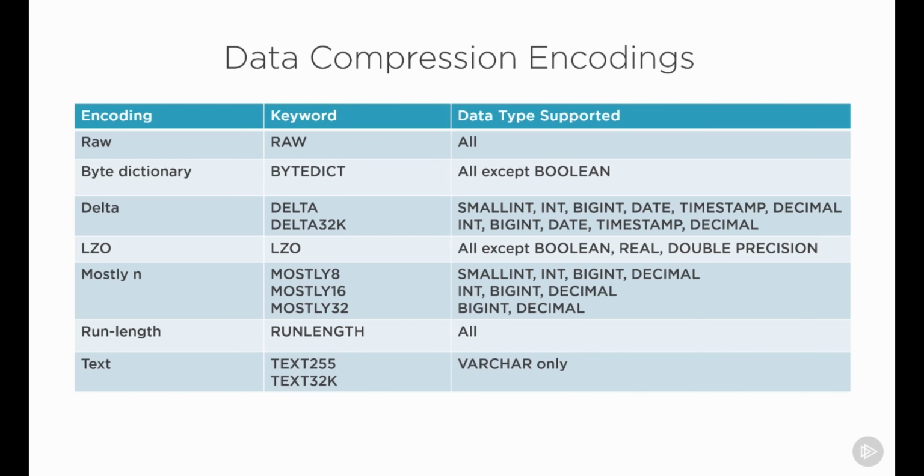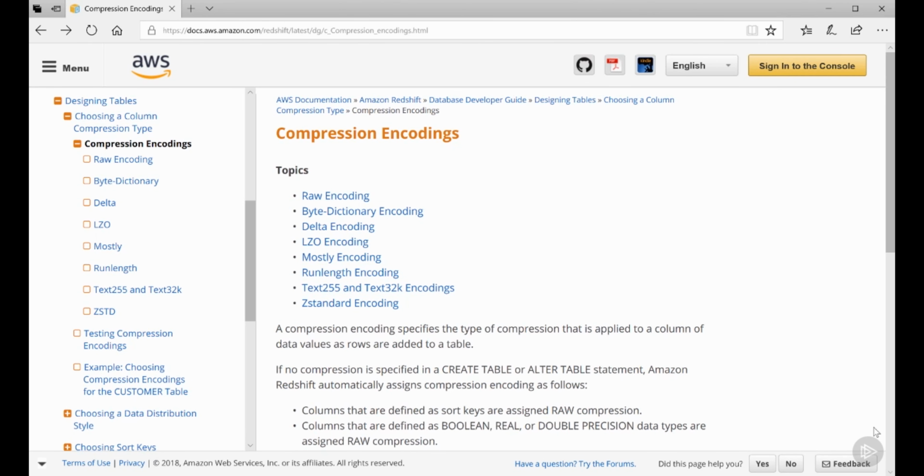Text 255 and text 32K are good when you have varchar columns, especially with many repeating words. And then finally, Zstandard, a compression encoding with a high compression ratio that is pretty good across diverse data sets. It's one of the 3 or 4 that supports all column types, and generally a pretty safe choice. These encoding types are all well documented in the online Amazon Redshift developer guide.